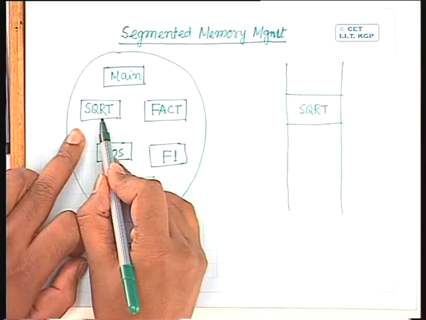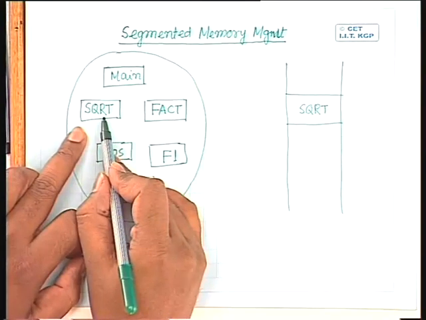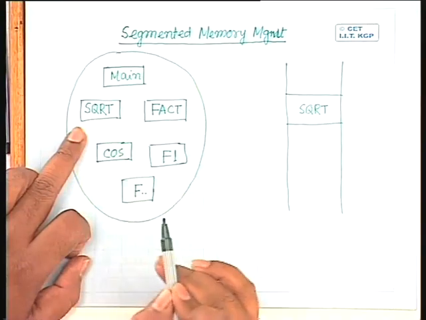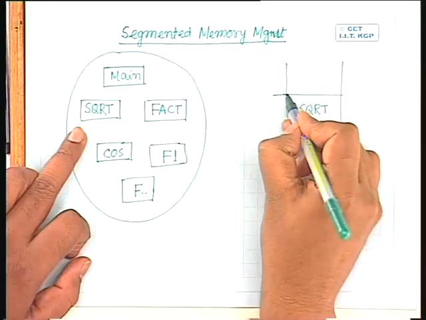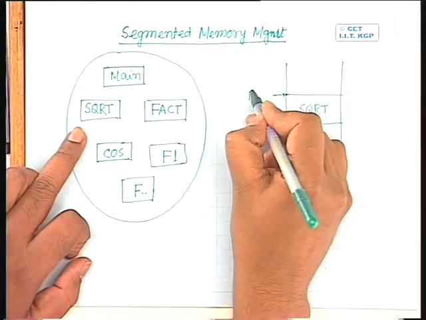So whenever a logical address is generated for this function SQRT, the logical address cannot exceed the maximum length of SQRT. So that puts a limit on this function. Okay, and the starting address of this segment where this function SQRT is loaded, that we call the base address.